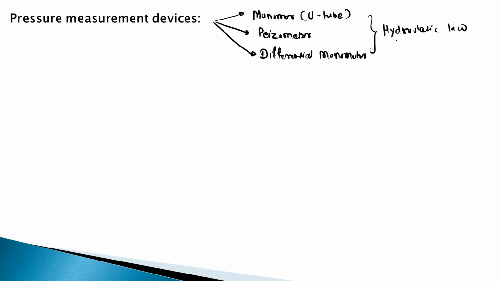So you know the hydrostatic principle: the pressure at any point in a static fluid is equal to rho g h. On this single equation, we will design the manometer, piezometer, and the differential manometer. Before that, we will see the types of pressure we measure.